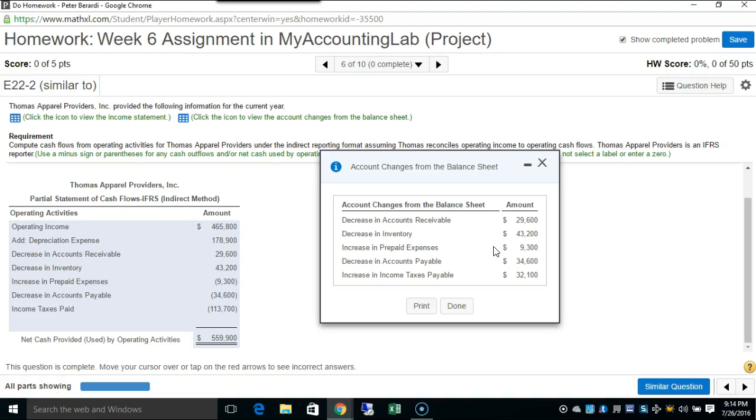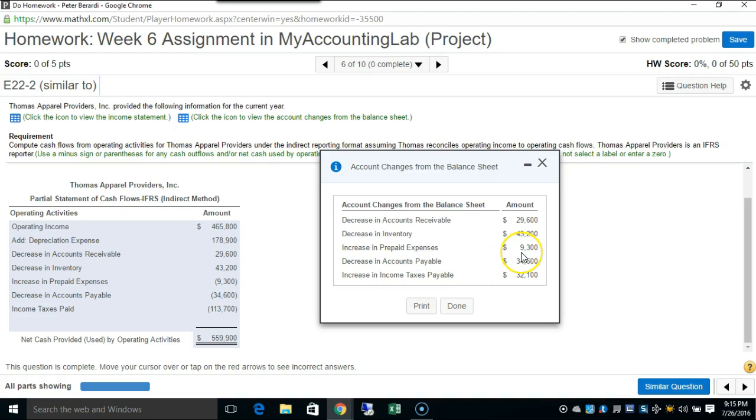So again, accounts receivable: in order to decrease accounts receivable on a T account, you credit it. So therefore, the debit is an increase to cash flow. Inventory decreases, so working capital or cash flow increases by $43,200.